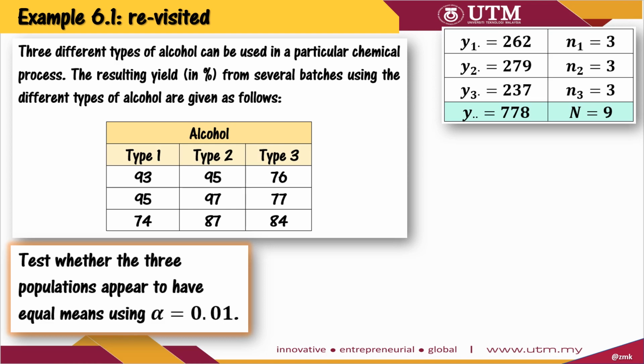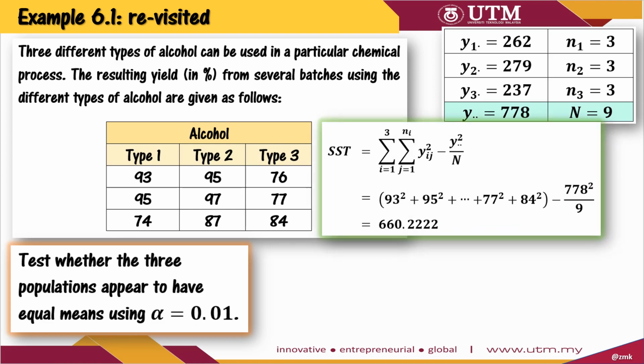By formula, SST is given by the sum of all squared observations, in this case 93 squared plus 95 squared plus all other observations squared until the last one plus 84 squared minus the grand total squared, which is 778 squared, divided by the total sample size capital N, which is 9, giving us SST equal to 660.2222.